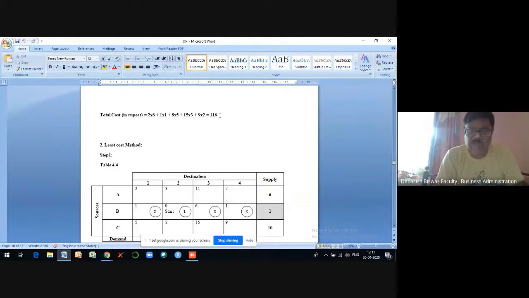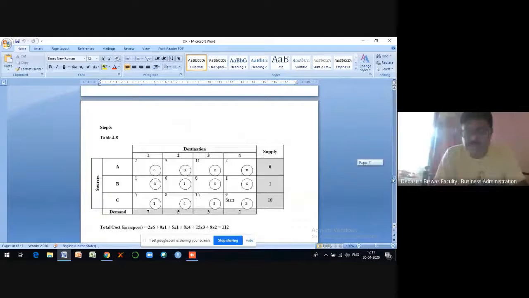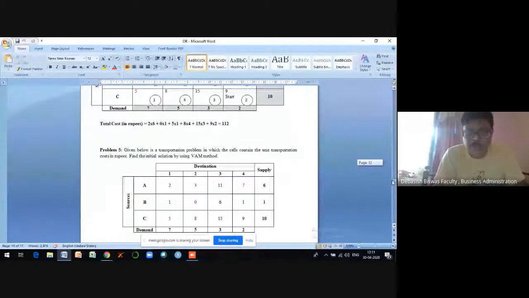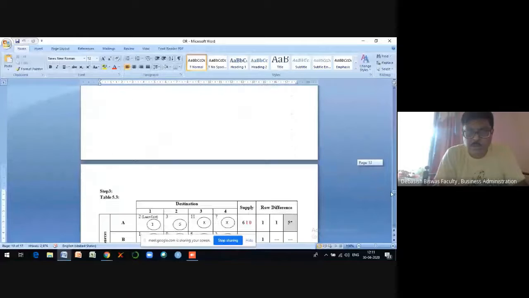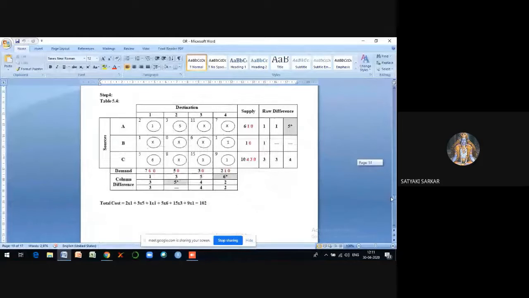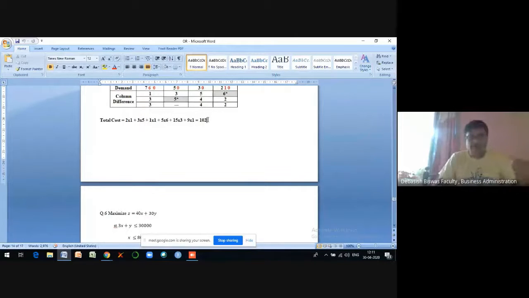The second is 112. And the VAM method is giving you the result 102, right? So out of these 3 methods, VAM method is the best method in order to get the initial basic solution of any transportation problem, right?